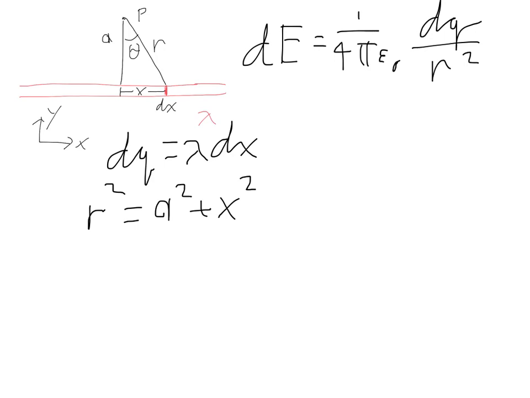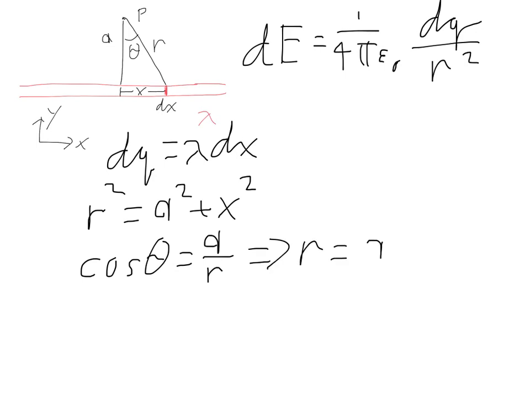It ultimately doesn't matter, but you'll see what I'm going to try to do with that fairly soon. So in that case, cosine of theta equals the distance we are from the wire, a, divided by r. Or simply, r equals a divided by cosine theta.